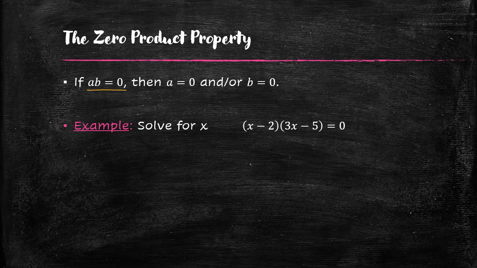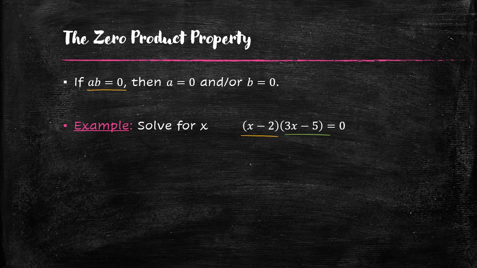Now solving using the zero product property means, okay, either x minus 2 is equal to 0 or 3x minus 5 is equal to 0. Again, because we know their product is equal to 0 here. Now, when we solve quadratics, we are generally saying we don't know which is really equal to 0, and we want to know all possible solutions.